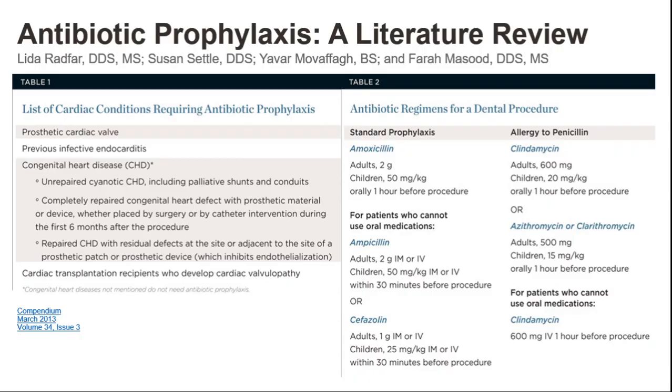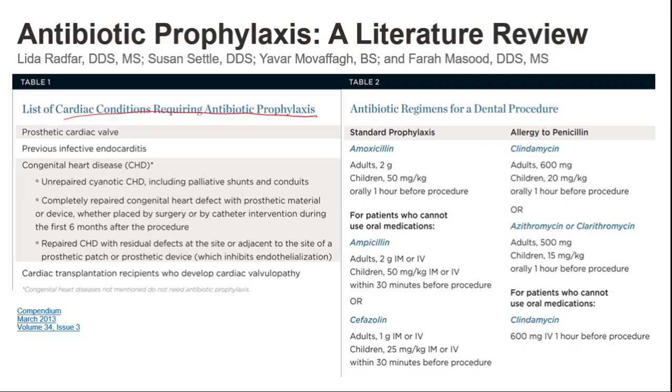Okay. Now, here, this is just talking about your antibiotic prophylaxis. I just got this. It's a literature review. So, listed here on table 1 would be cardiac conditions that would require antibiotic prophylaxis. So, what does that mean? Antibiotic prophylaxis means that we give certain patients antibiotic treatment, antibiotic prophylactic treatment.